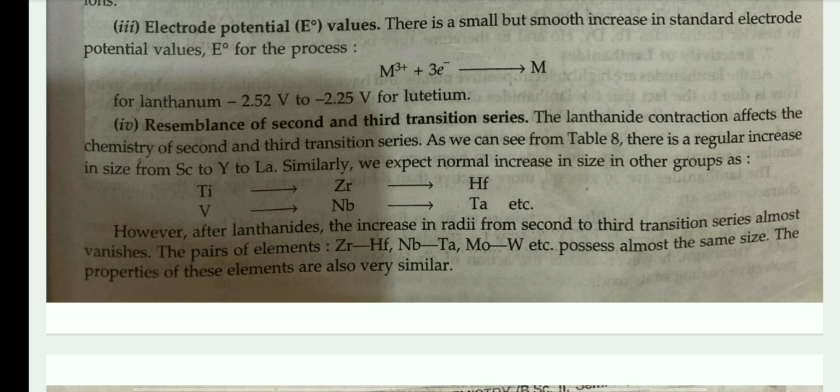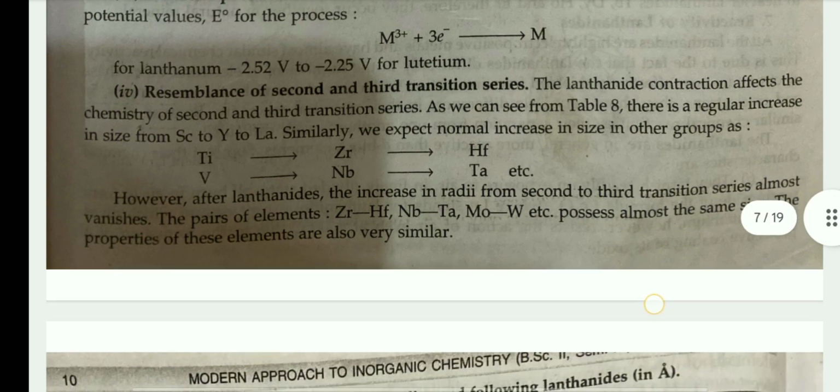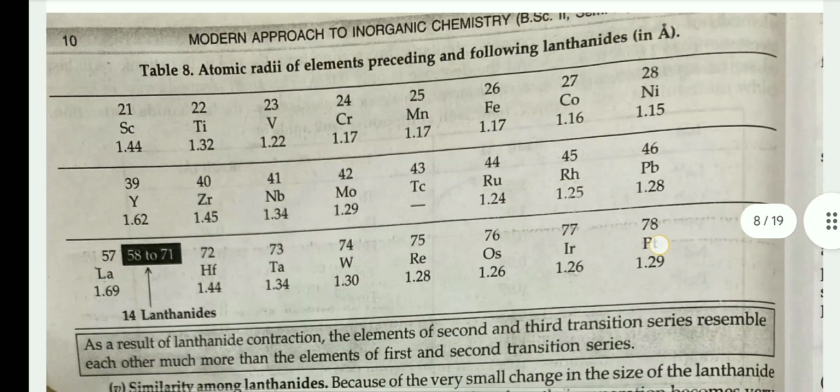However, after the lanthanoids, the increase in radii from the second to the third transition series almost vanishes. The pairs of elements zirconium and hafnium, niobium and tantalum, molybdenum and tungsten possess almost the same size. The properties of these elements are very similar.